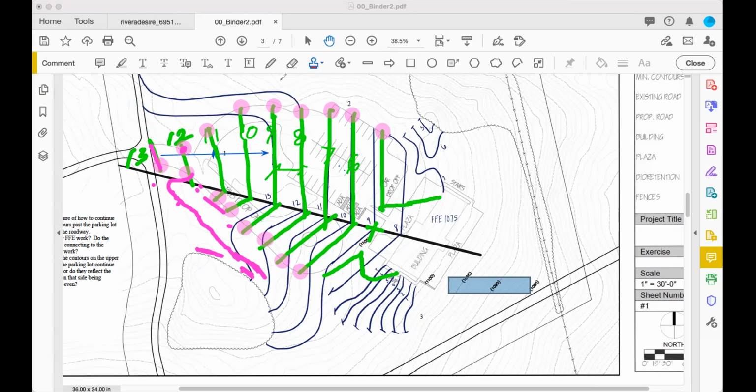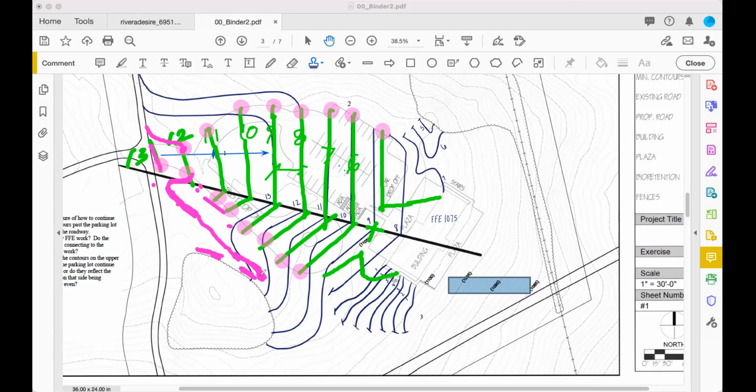However, if I can get close to the original contour, then I would probably just do this. Connect that. The 12 over here was informed by keeping it as close as possible to the 13, and then connect back to the 13 over here. That's the 12.